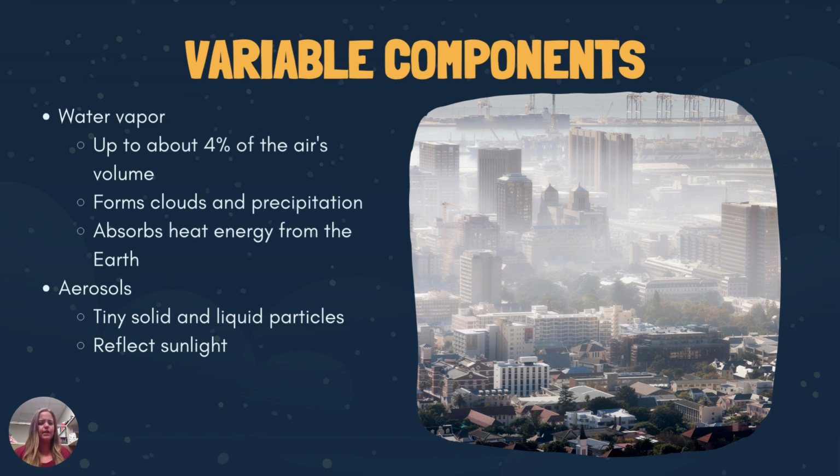Those are aerosols, and they do have solid and liquid particles that get dispersed into the air. And the problem with aerosols is they reflect sunlight and they cloud up our atmosphere. So this photo here shows you aerosols in the air, and these can come in a lot of different forms. They don't have to be any particular constituent, but they do cause a lot of issues.